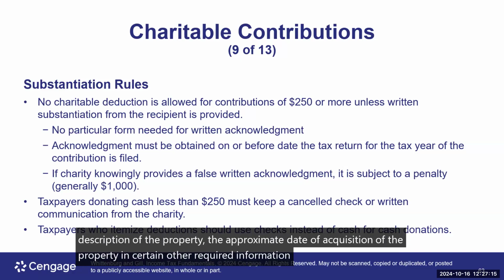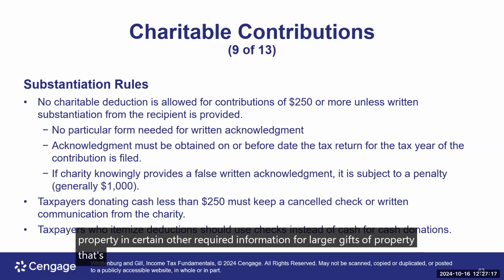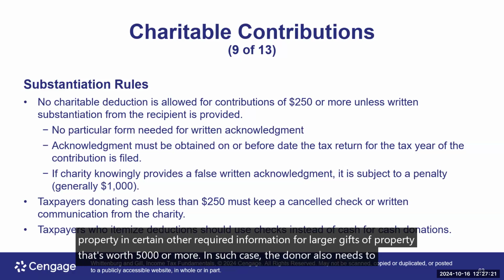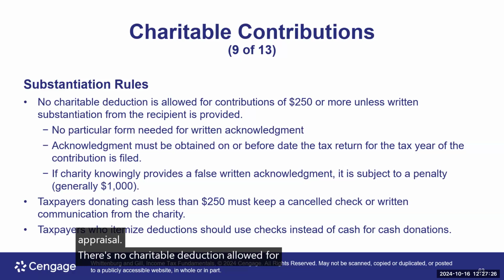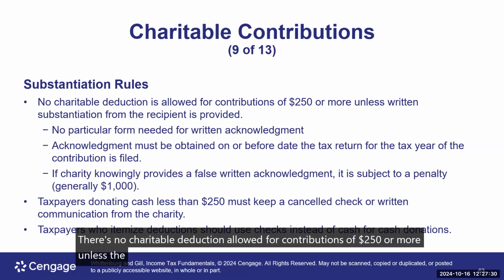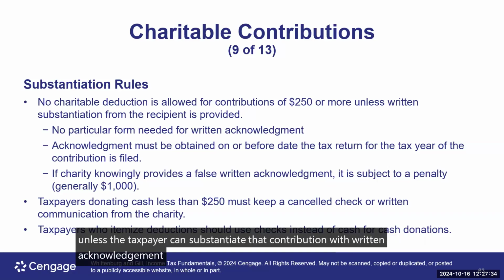For larger gifts of property worth $5,000 or more, the donor also needs to obtain an appraisal. There's no charitable deduction allowed for contributions of $250 or more unless the taxpayer can substantiate that contribution with written acknowledgement from the charitable organization.